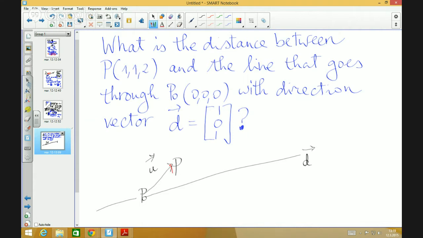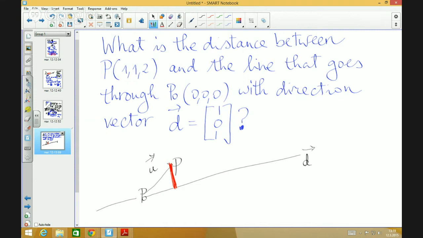So I want to measure the length of this thing, of the red thing. Well, I think this picture is perhaps starting to resemble something, isn't it?